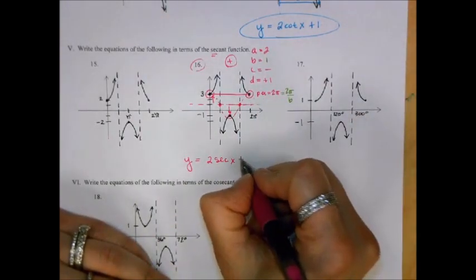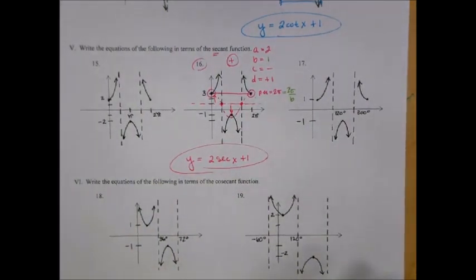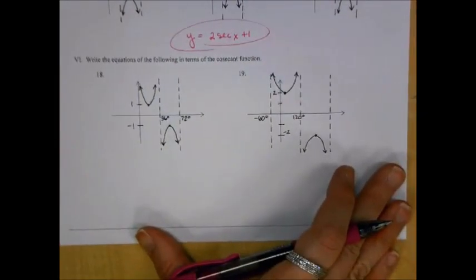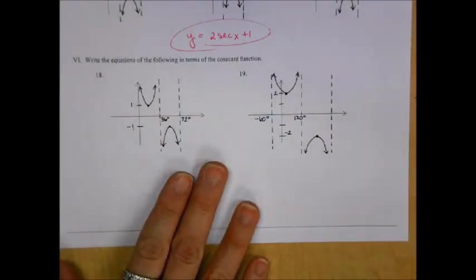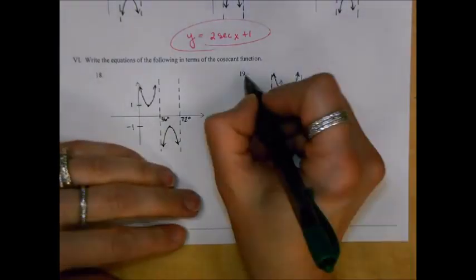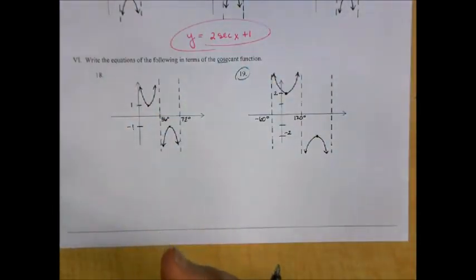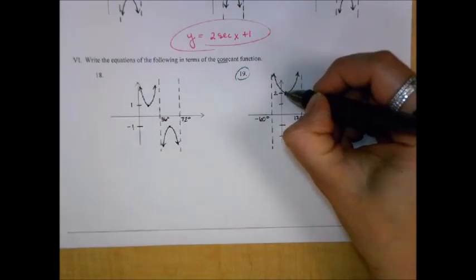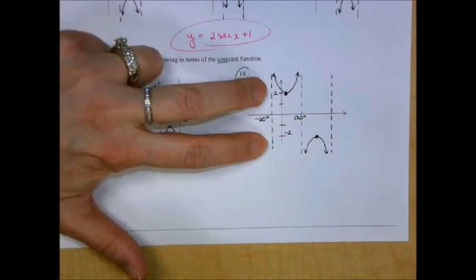All right, which brings us to a cosecant graph. We're going to look at number 19. So inside of cosecant, you can find sine, so maximum, minimum. That's at 2 and negative 2. So right in the middle should be my equilibrium. In the middle of 2 and negative 2 is the x-axis.